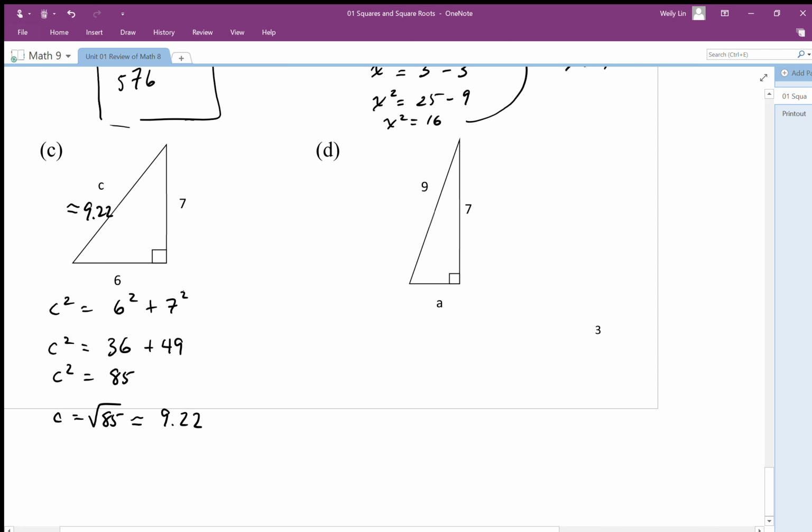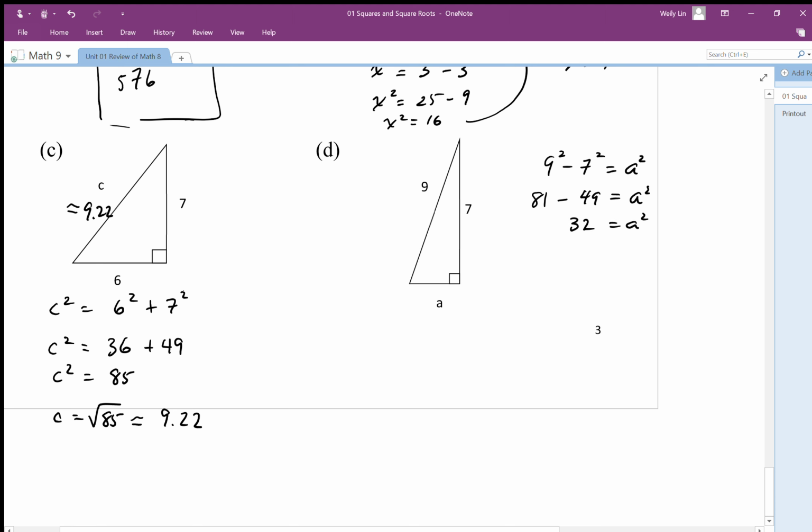For D, we want to find the shorter side, so we need to subtract. So I'm going to take my big square, 9 squared, and I'm going to subtract my smaller square to get the small square. So I end up with 81 squares minus 49 squares equals a squared. So the number of squares that make up a is going to be 32 squares.